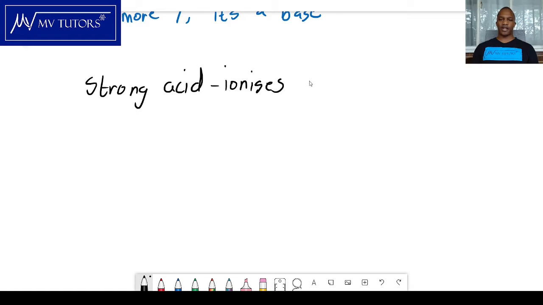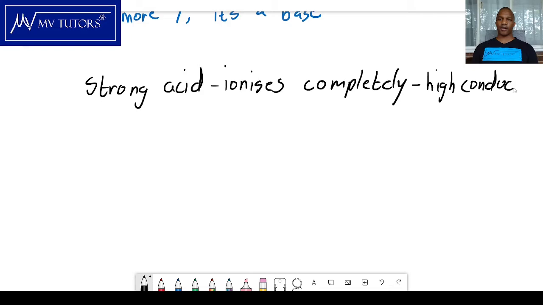So all of it dissolves and ionizes completely. Also, another property is that it has a high conductivity. It's highly conductive.